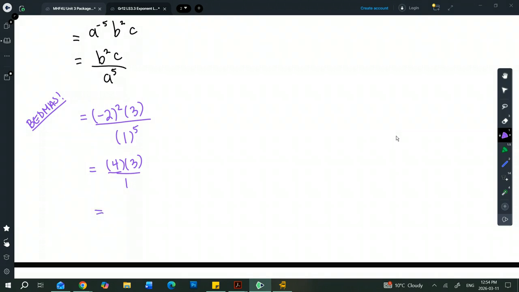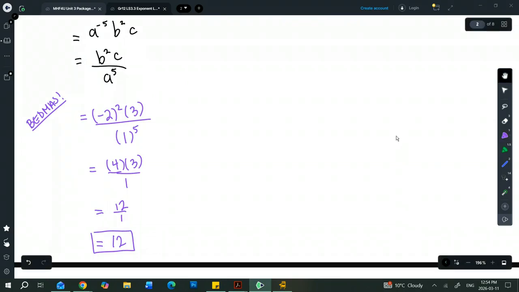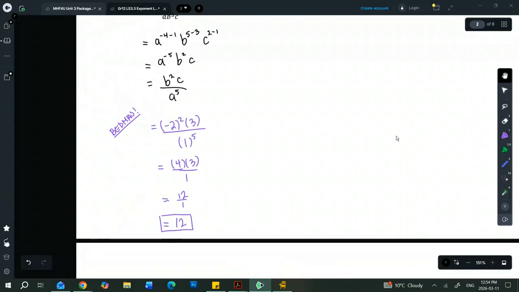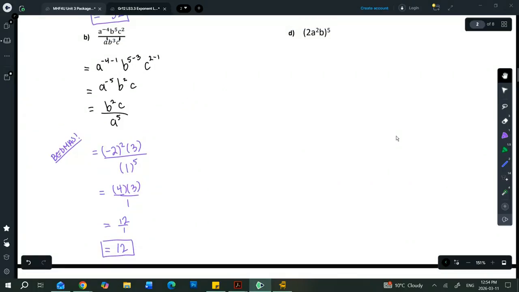And then we can do 4 times 3, which gives us 12 over 1. And what's 12 over 1? 12. So far, so good.